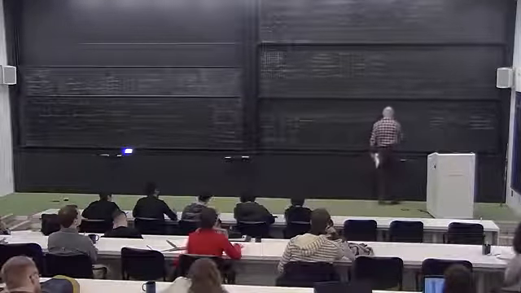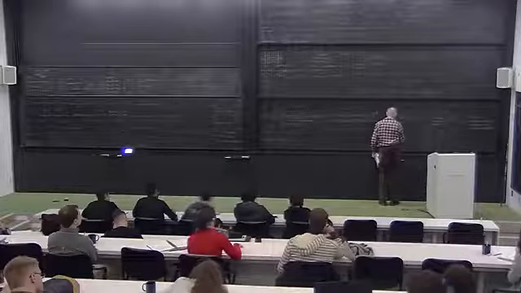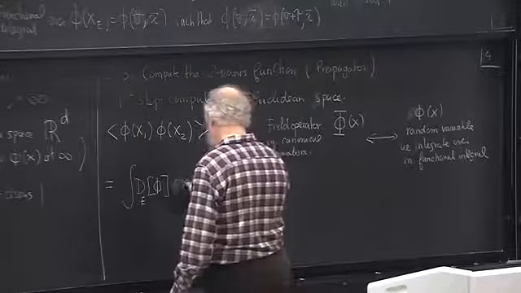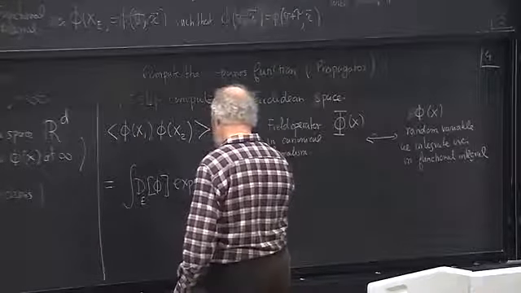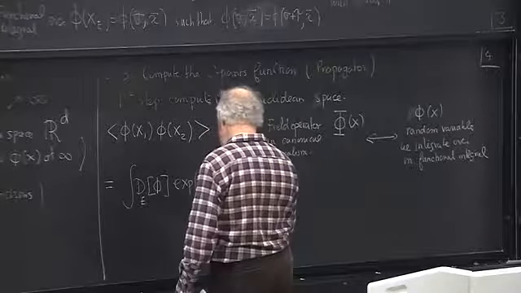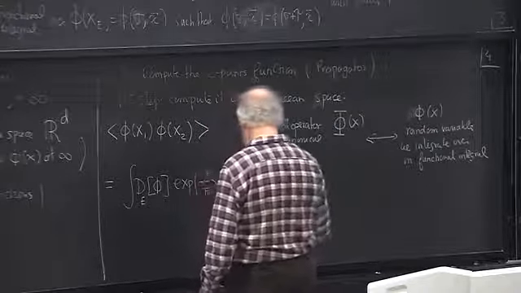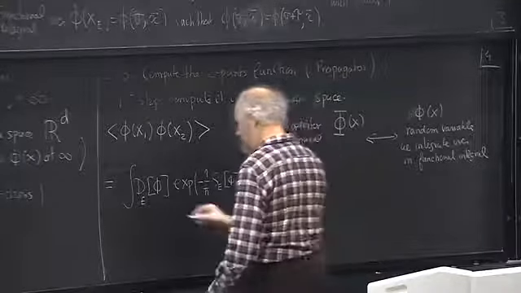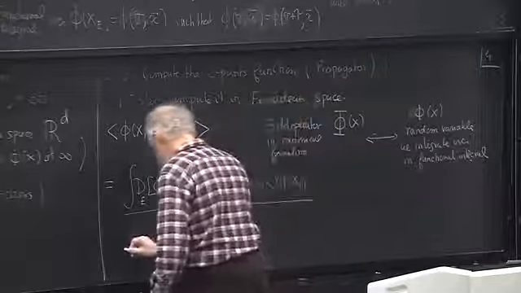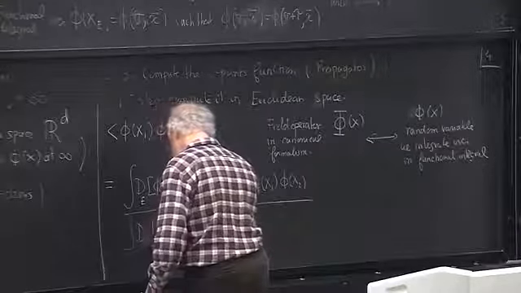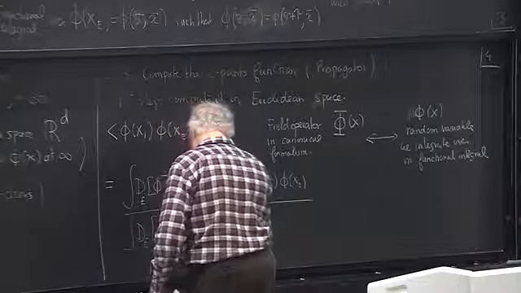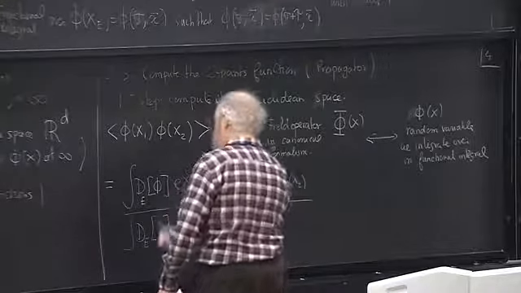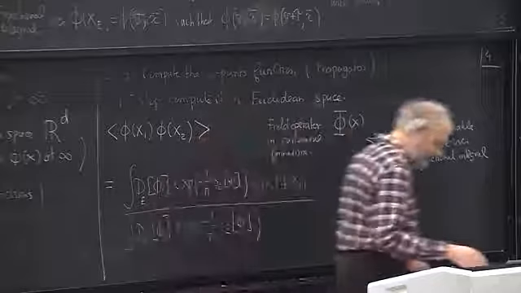This is just the integral over d phi, and I'm using the Euclidean field integral of the exponential of minus 1 over h bar, the Euclidean action of the field configuration phi, times phi of x1 and phi of x2, divided by the integral, the partition function, over phi. Okay, so that's the rule of the game.